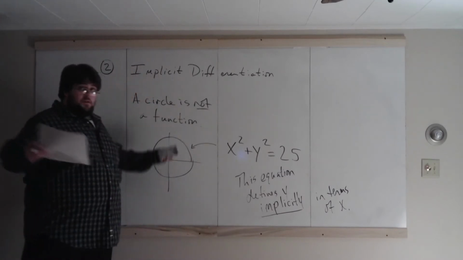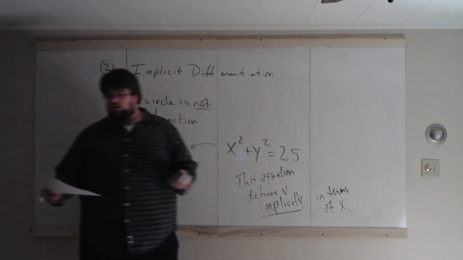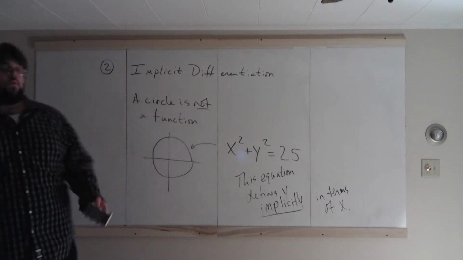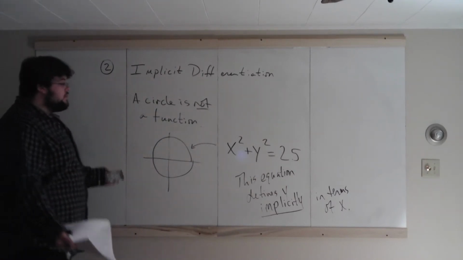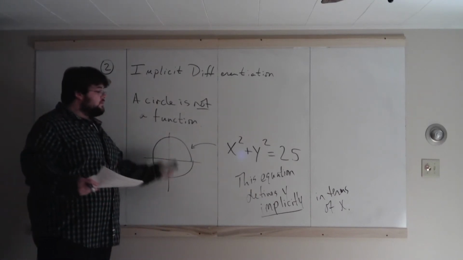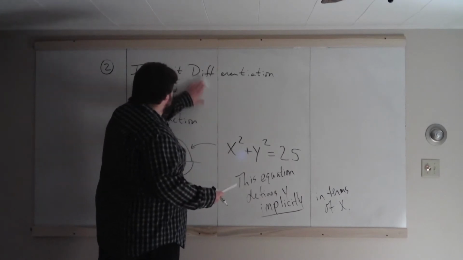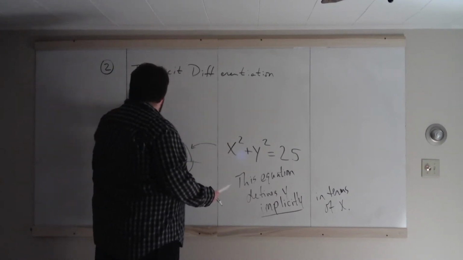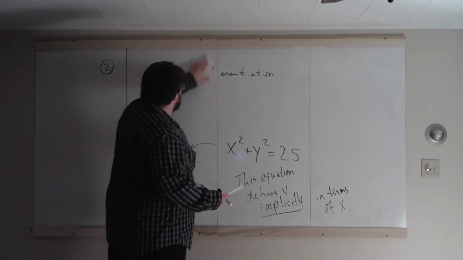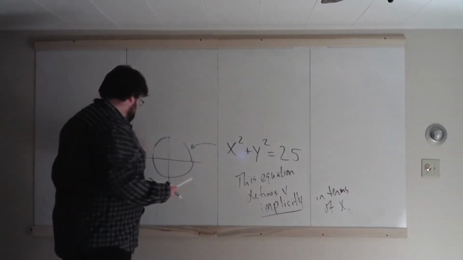When we have an equation where y is defined implicitly in terms of x, we can find the derivative of y with respect to x using the chain rule and this method called implicit differentiation. So let's write an example. It'll be the same curve.